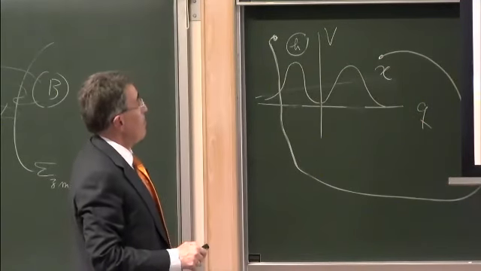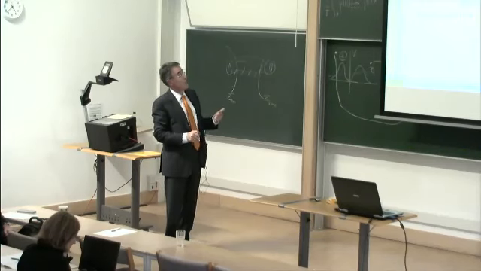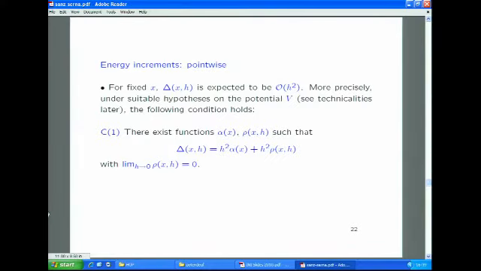Now, because the Verlet method is of the second order, and this is like a global error, I expect that this delta will be a quantity of the second order. In fact, under suitable smoothness assumptions, it will not always be order h squared, but you will have an asymptotic expansion of this form.